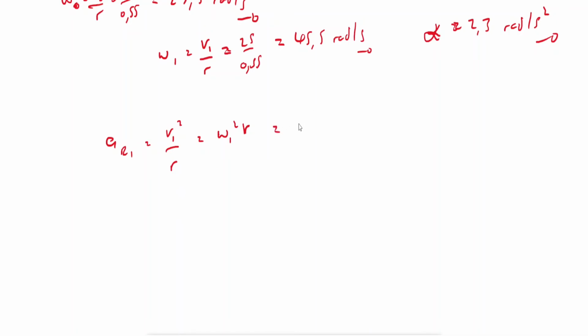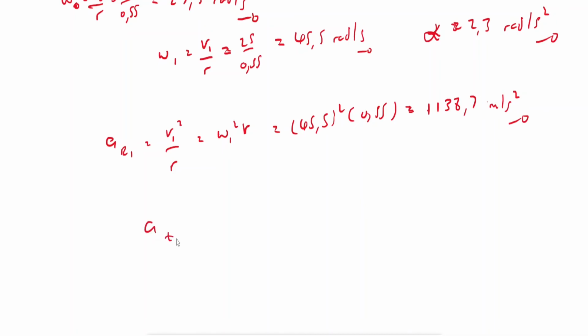So let me just use the omega 1 because I just want to use the angular quantities. So this is just going to be 45.5 squared times 0.55, and that is going to be equal to, so it's a very big number, 0.7, that's meters per second squared. That's a very big number.